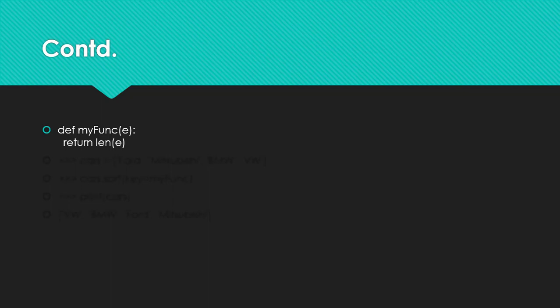We have used the def keyword, myfunc, and we have received the parameter e, and then inside the function we have simply returned the length of the parameter received from the main program. Let's take a list cars. Then inside it we have different car brands: Ford, BMW, Mitsubishi and VW.